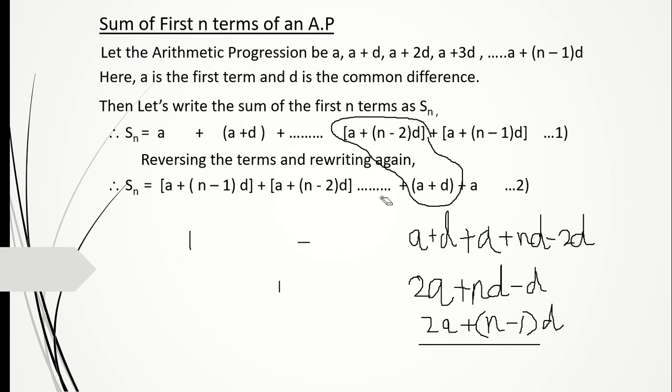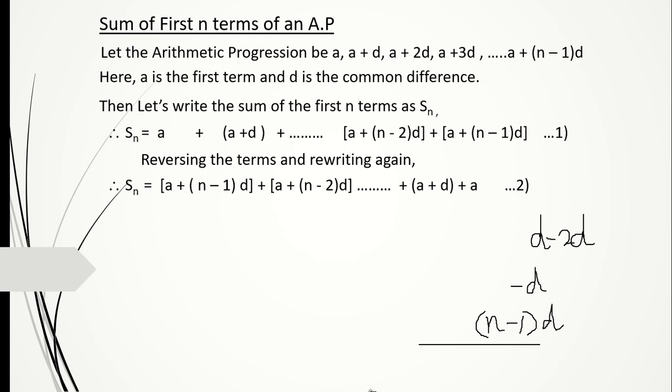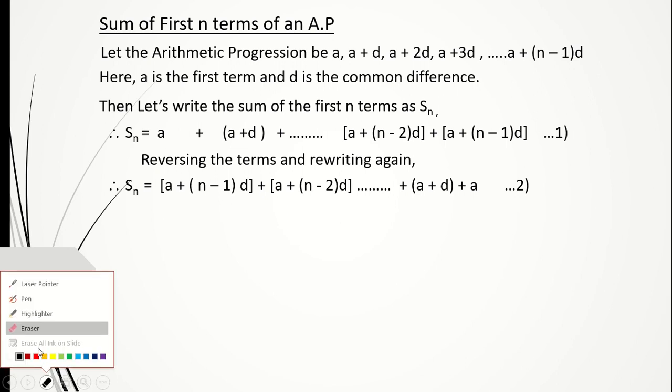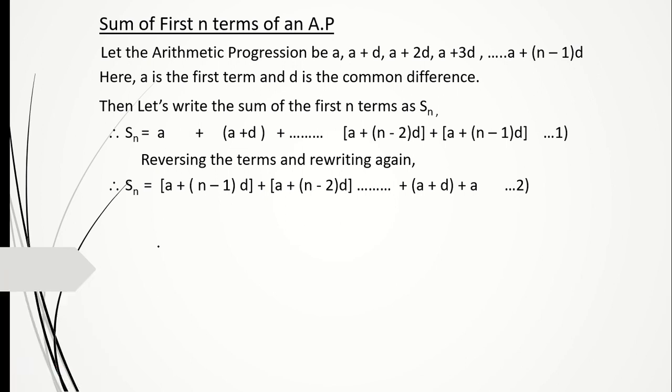And how many times will it come? In the previous example the sum came 100 times, right? Here it will be n times, because here we have n terms. It is the sum of n terms, because the last term we have taken is a plus n minus 1 d. So there are n terms we have assumed, right? Sn, sum of n terms. So then here we will get this n times.